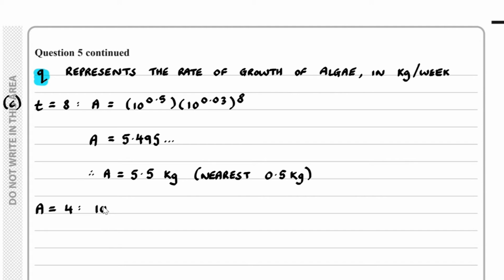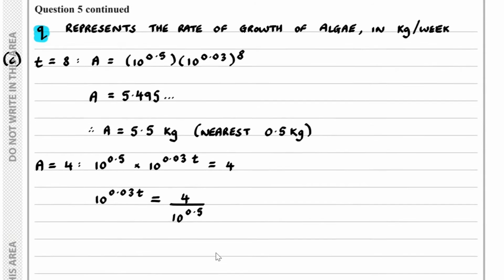And so here we have 10 to the power of 0.5 multiplied by 10 to the power of 0.03 to the power of t equaling 4. 10 to the power of 0.03t is equal to 4 divided by 10 to the power of 0.5.